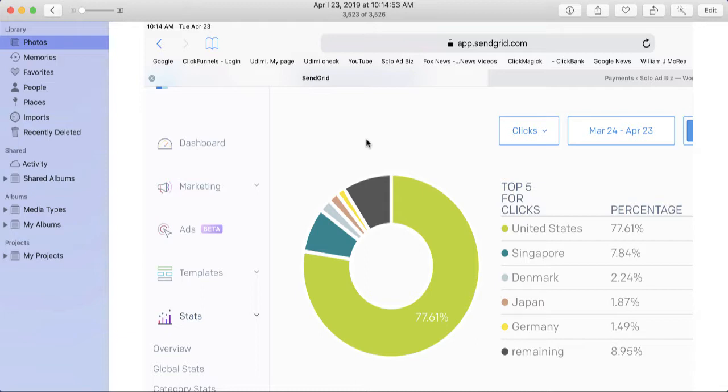What we do is we use SendGrid to promote specific sales funnels, to promote products. So you can see here right now 77% from, I'm sorry, United States. Surprisingly enough, Singapore is number two, then Denmark, Japan, Germany, and the remaining. These numbers will change from week to week, month to month, depending on what we're promoting.